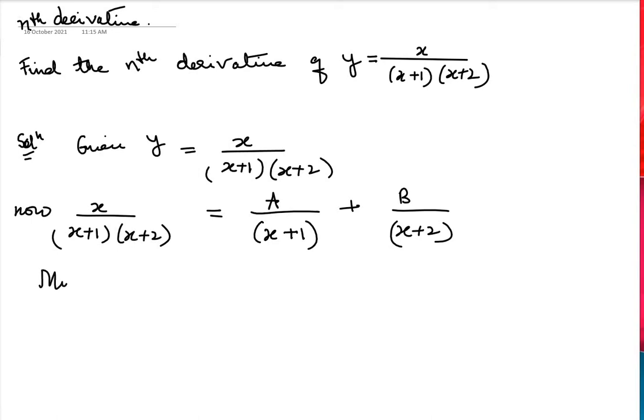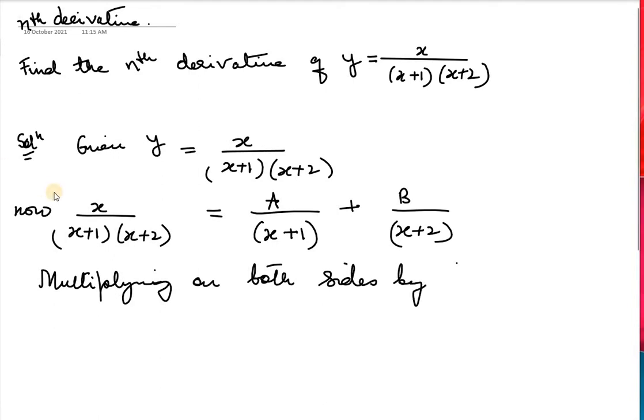Now, multiplying on both sides by x plus 1 into x plus 2, that is the denominator of this term on the left hand side, we have on the right hand side, now what will it become? It will remain as x, because x plus 1 and x plus 2 will be cancelled.